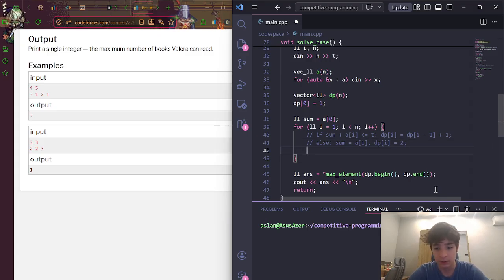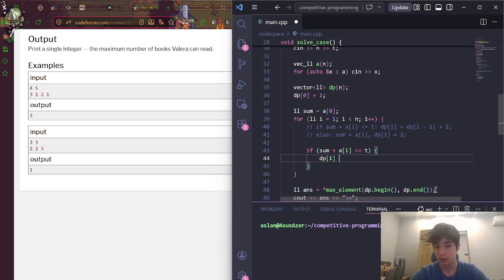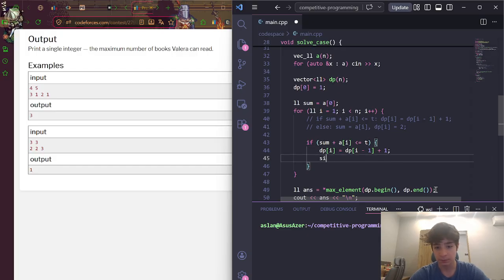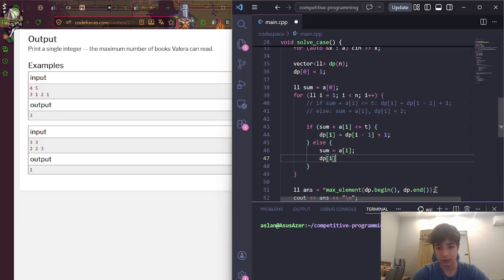And okay, let's implement this. If sum plus AE is less than or equal to t, just do dpy equal to dpy minus 1 plus 1. Then else position makes sum equal to AE and make the PE equal to 2.